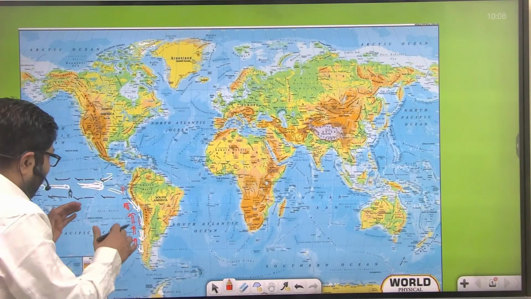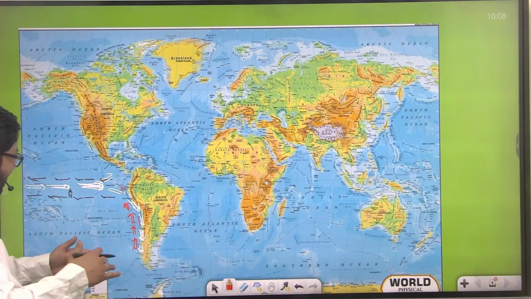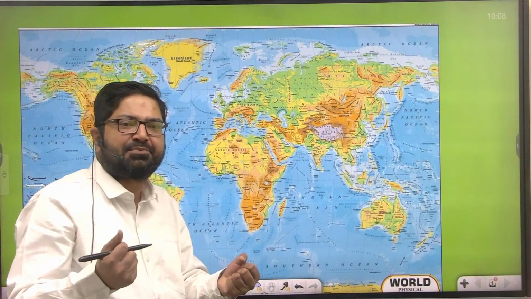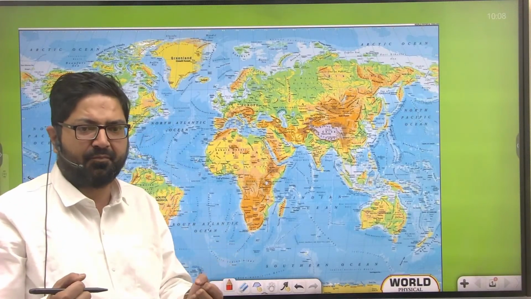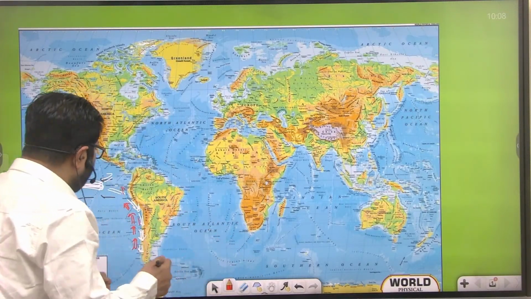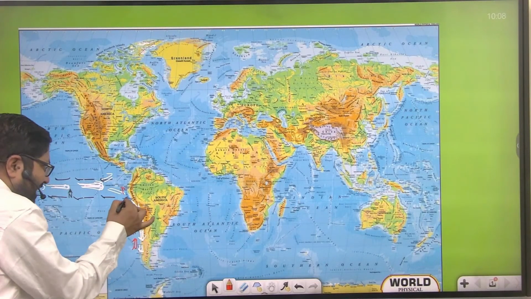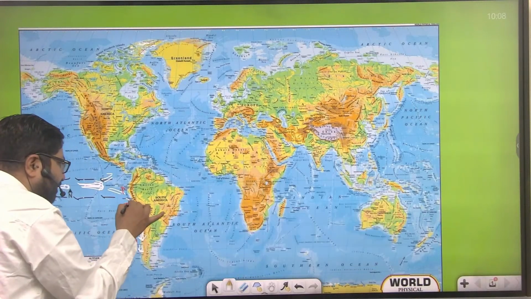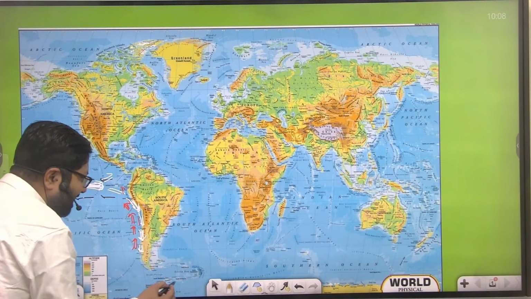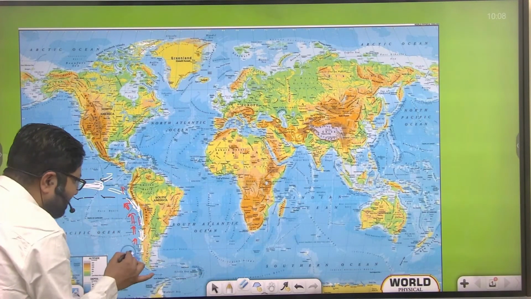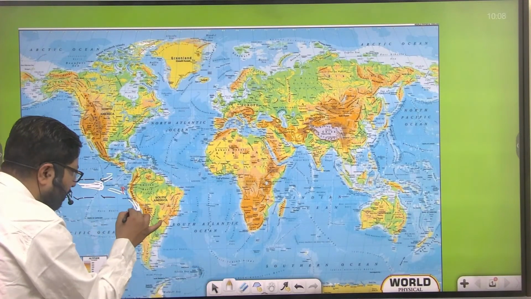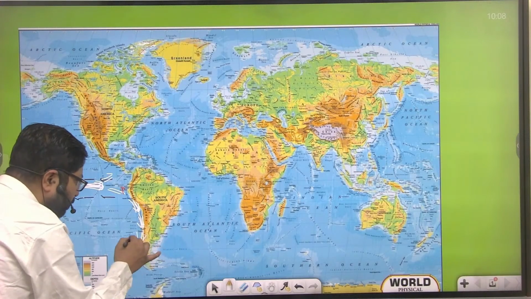Now, in certain years, for reasons unknown, this counter current becomes exceptionally strong, very warm. So much so that it raises the temperature of surface water of East Pacific Ocean to such an extent that this Peru current completely disappears. This phenomenon is also known as sea fever.